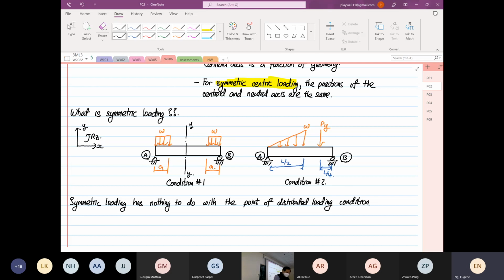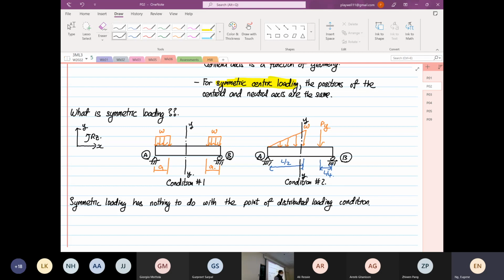Whereas in condition number 2, if I draw a line at the center, call it YY, the loading condition on the left is not the same as on the right. And yet we say both of them have symmetrical loading. So symmetrical loading has nothing to do with how the point load and the distributed load contribute to the loading condition. But what is it dependent on?